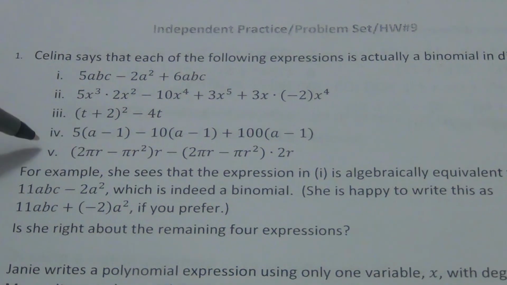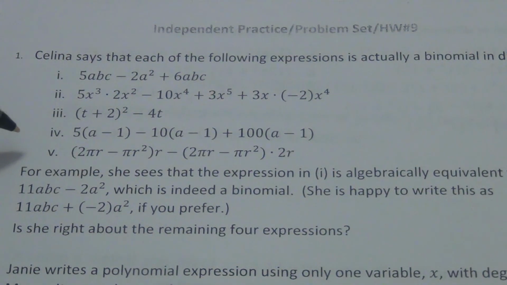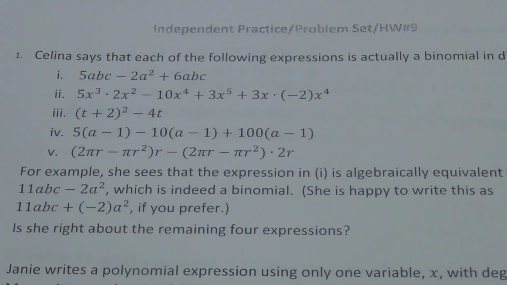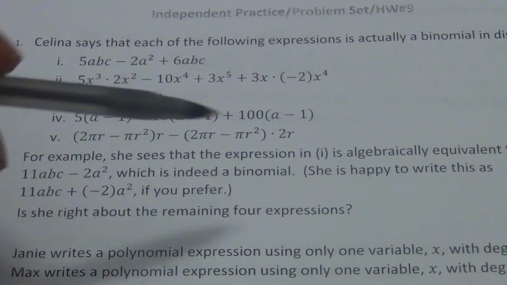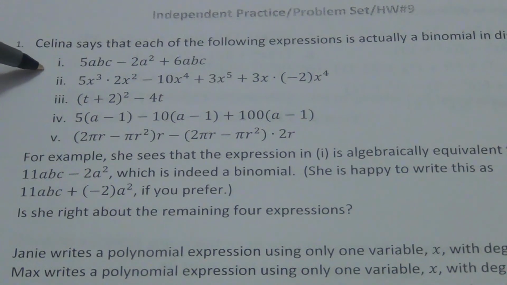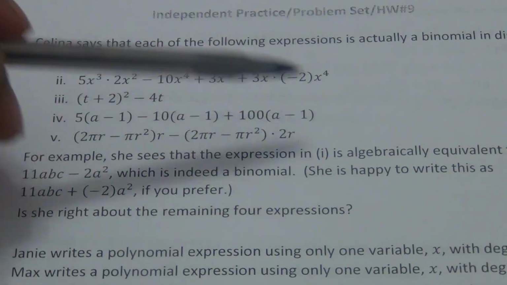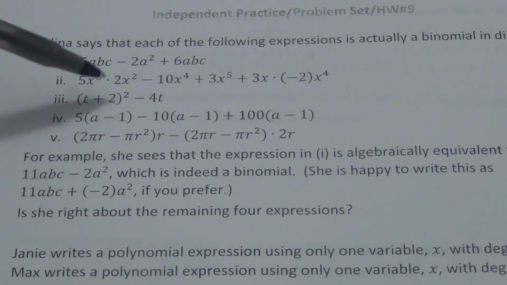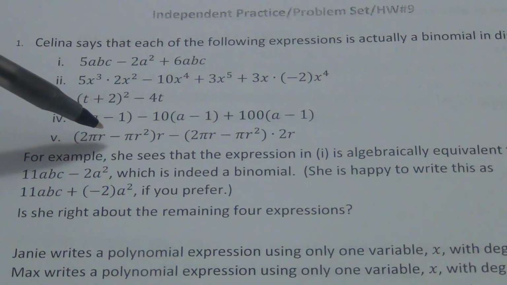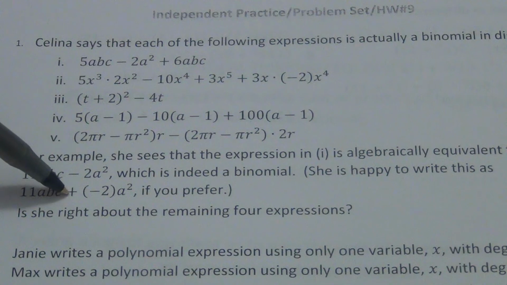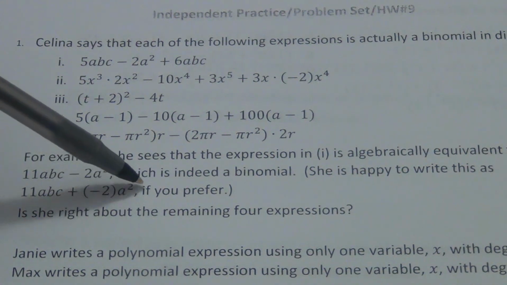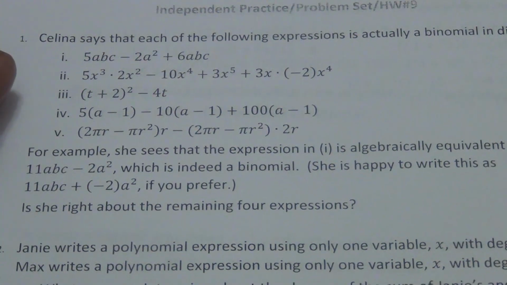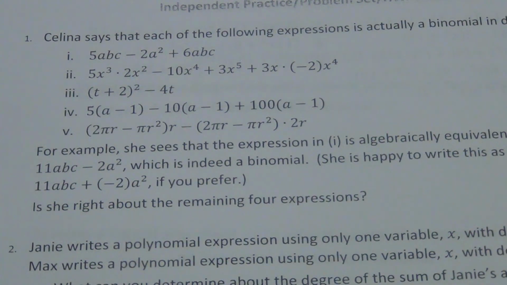For example, she sees that the expression in the first one is algebraically equivalent to 11abc. She's happy to write this as 11abc plus negative 2a squared if you prefer. Is she right about the remaining 4 expressions? Well, let's see.